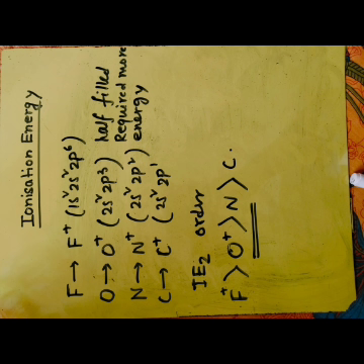So here oxygen plus has a half filled electronic configuration. That means it requires more energy to remove an electron from the outermost shell. Therefore, the second ionization energy order is oxygen plus greater than fluorine plus greater than nitrogen plus, then carbon.